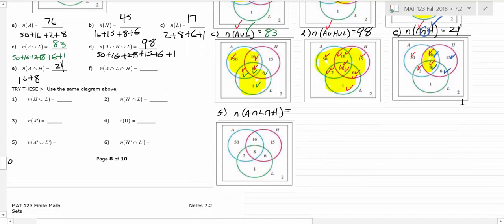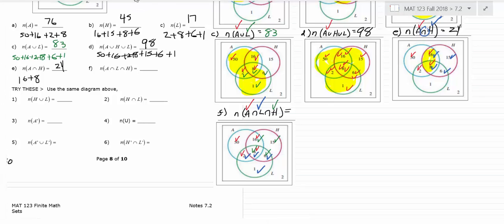And then the last one is, again, intersection. So I'm going to do a red check mark for A: 50, 16, 2, and 8. I'll do a blue check mark for L, which is 8, 6, 2, and 1. And I will do a green check mark for H, which is 16, 15, 6, and 8.